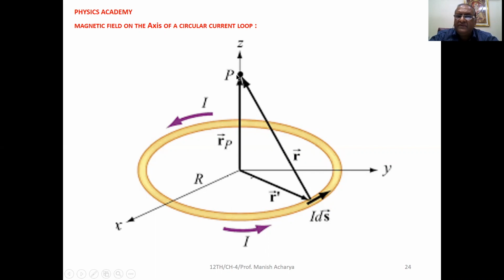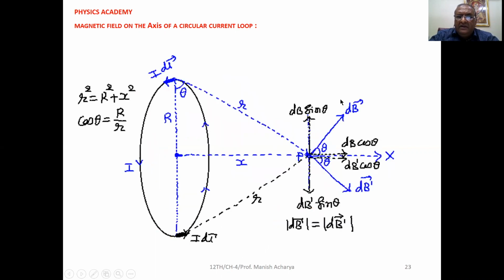Clear? And now for perfect understanding of the directions, I am taking one ring here.